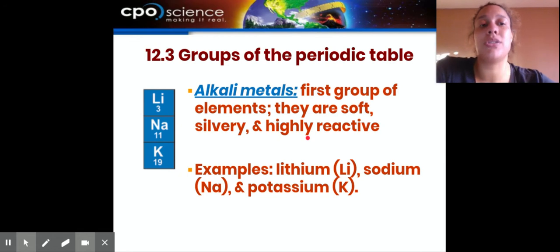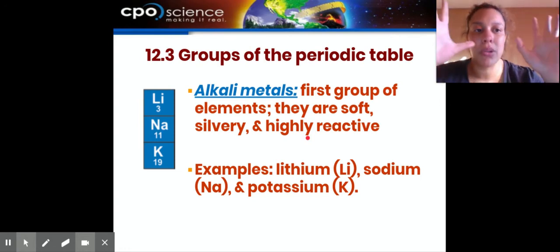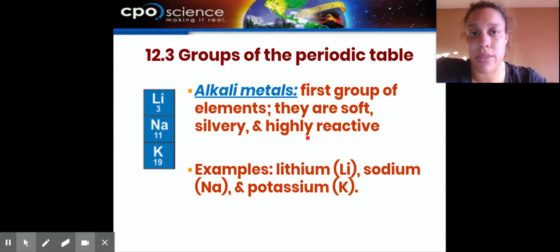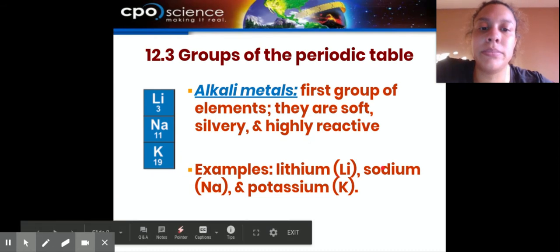So these ones are stored safely in oils and dark rooms, things like that, to keep them from exploding, basically. If you see any YouTube videos of people chucking elements into the water and then you see big explosions, it's probably an alkali metal that they threw into the water, something like sodium or potassium. All right, so that's the first group.